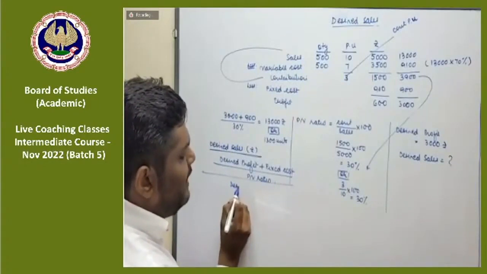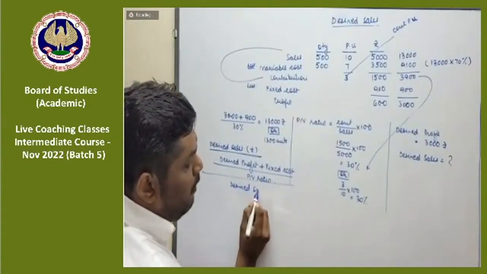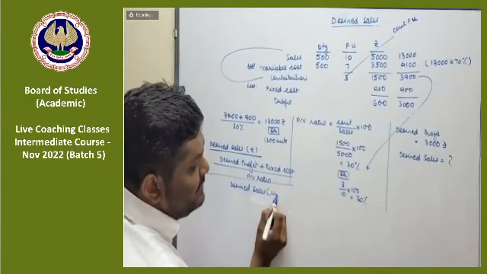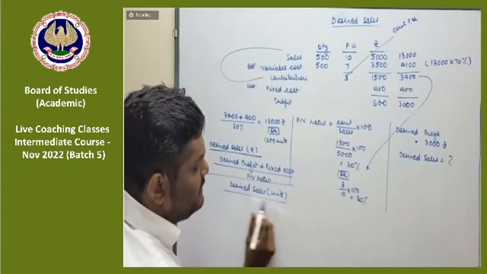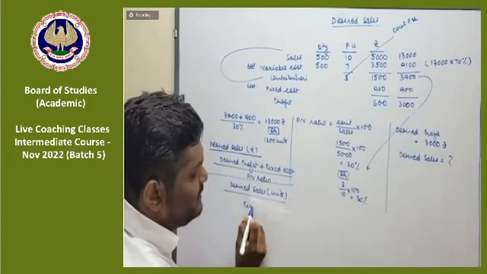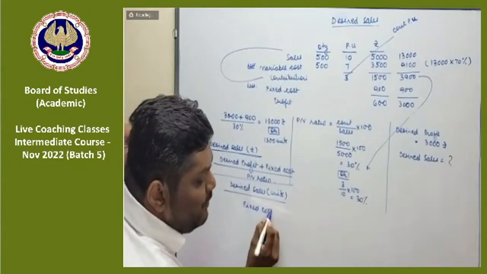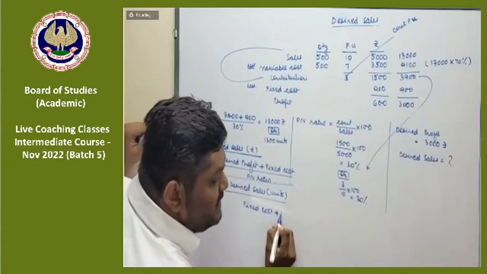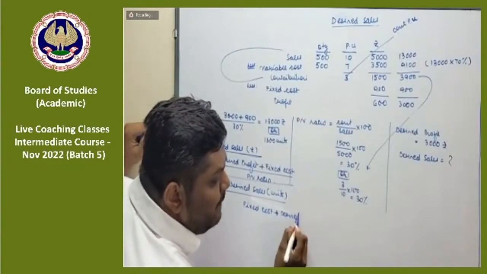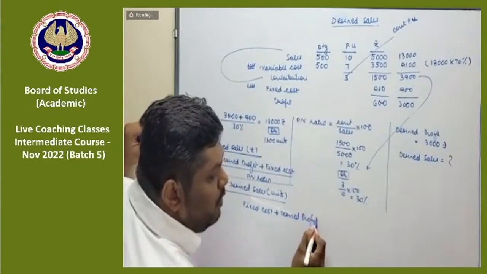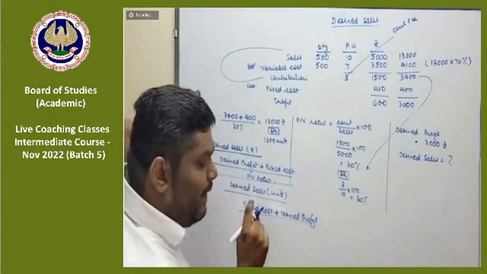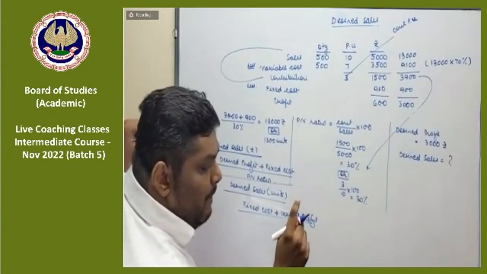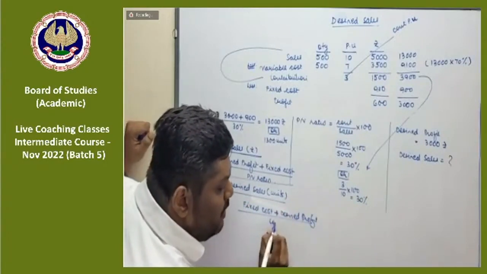If you have to calculate desired sales in units, the simple way: we have to recover the fixed cost, plus we have to recover our desired profit also. So in aggregate, we want to recover 900 plus 3,000. Per pen, we are recovering how much?